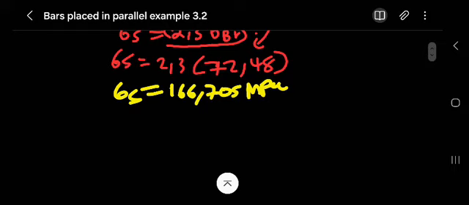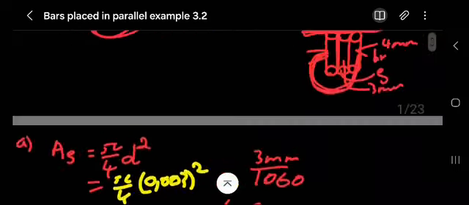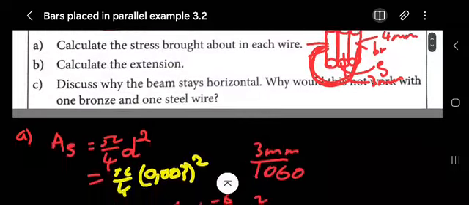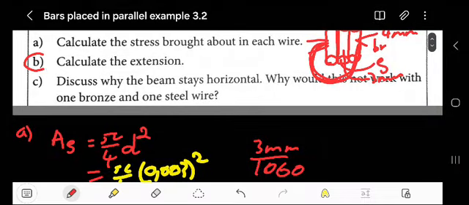We've calculated the stress brought about. We have done A and B. We've done up to calculating the stresses brought about in each wire. Now we calculate the extension, the change in length.